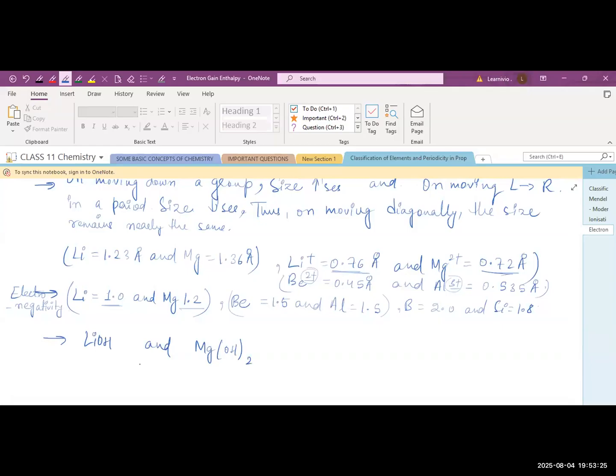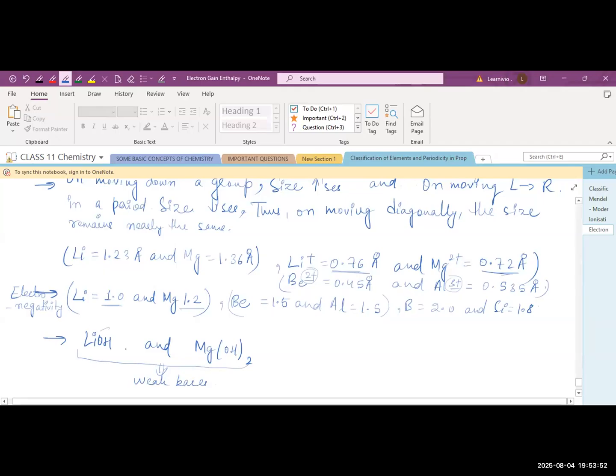So they are metals, you can say. So they will form the bases. These are the bases, obviously the hydroxides. So they just form the weak bases. Right, but what do others do? Other elements of their subsequent groups form the strong base.